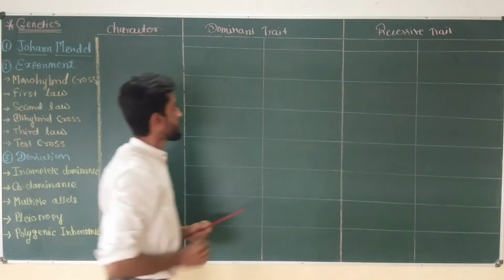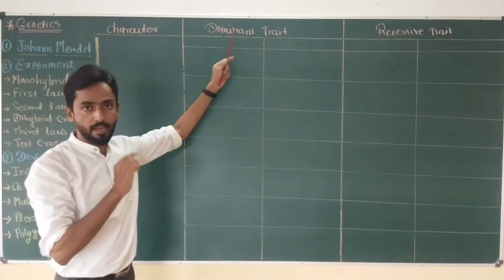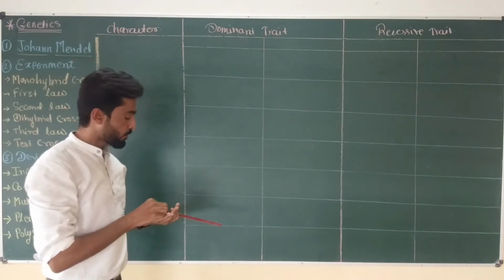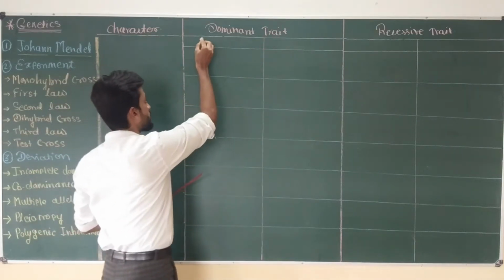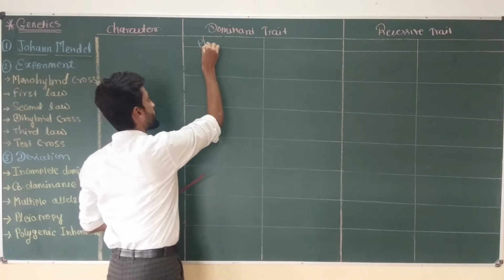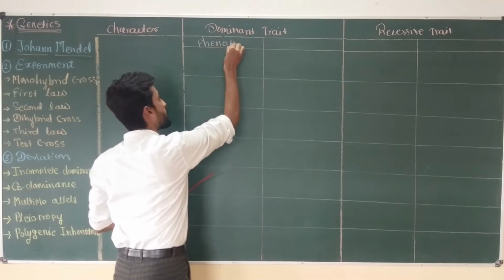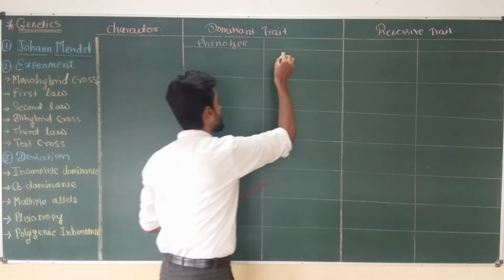And in dominant and recessive trait, we are going to make two sub columns as phenotype and genotype.